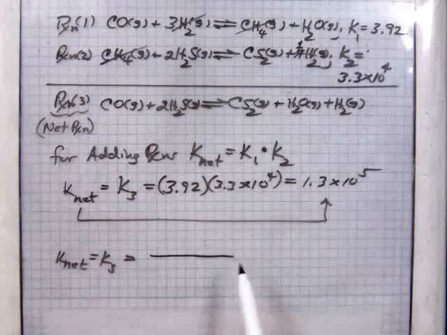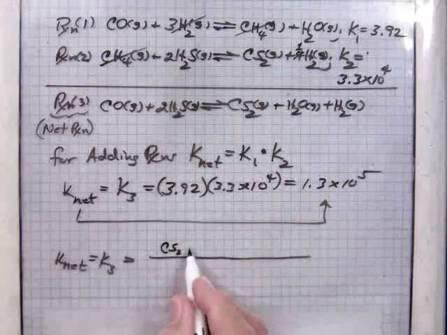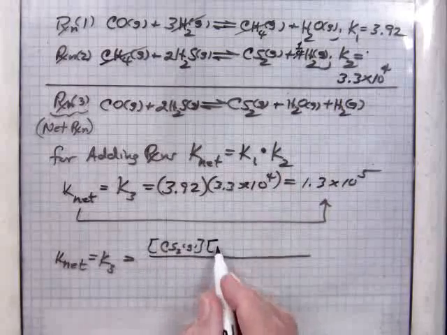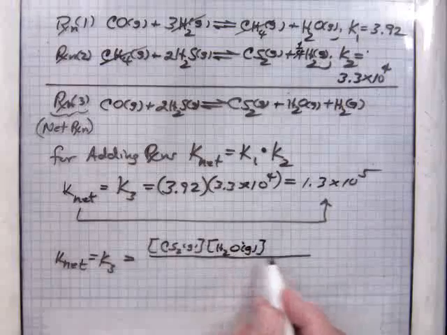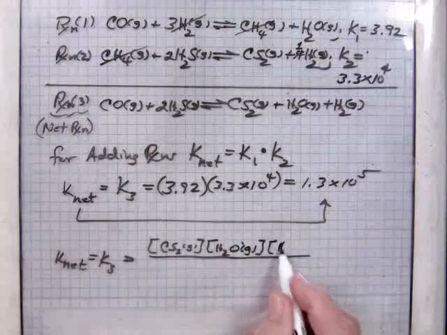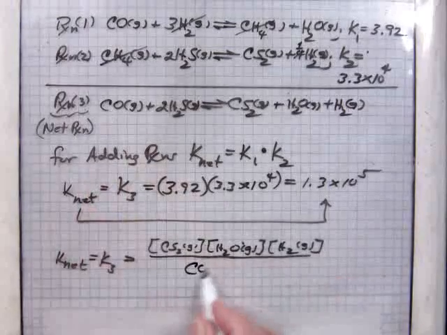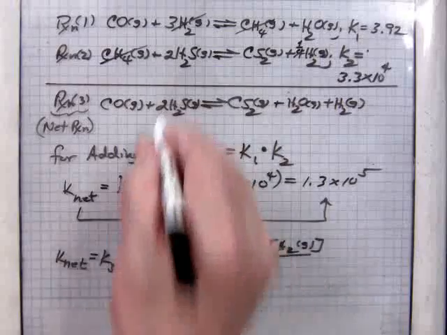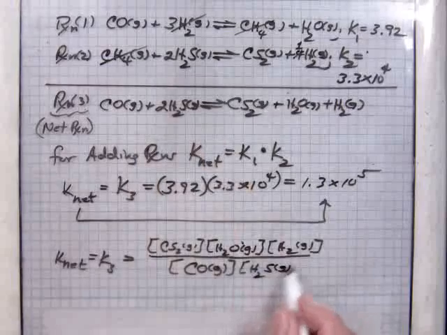So our expression would be CS2 as a gas times water gas and hydrogen gas in the net reaction, divided by carbon monoxide gas divided by hydrogen sulfide gas squared.